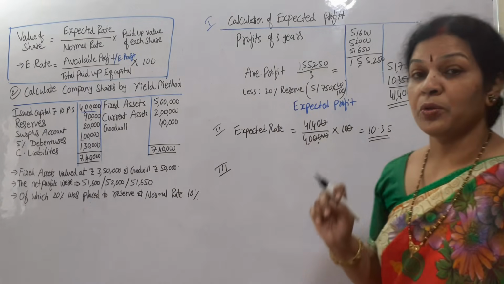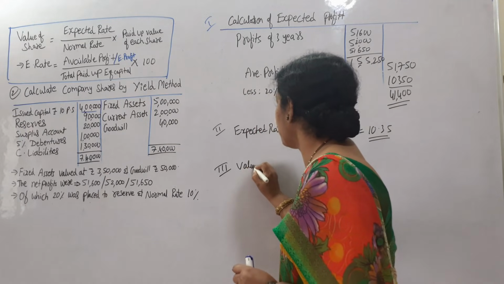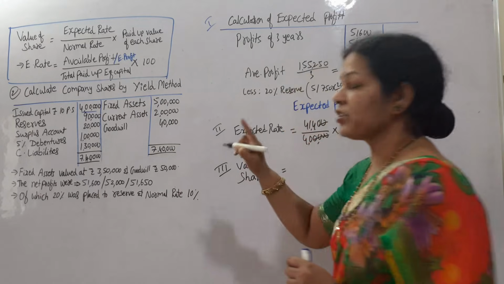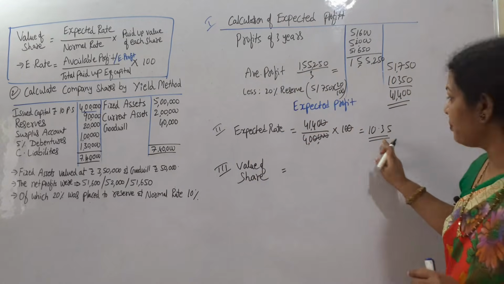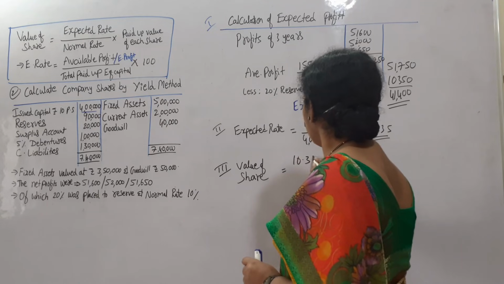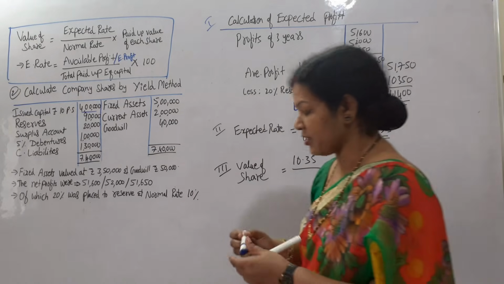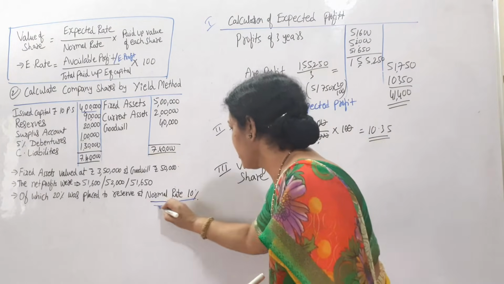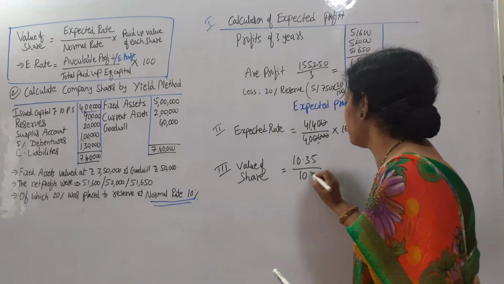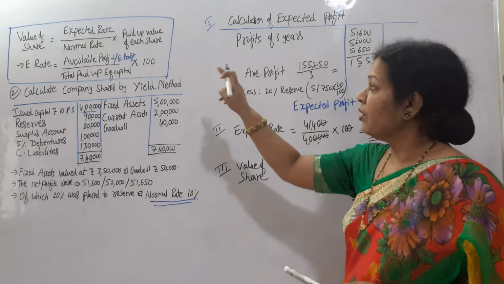Value of share is equal to expected rate by normal rate, into paid up value of each share.